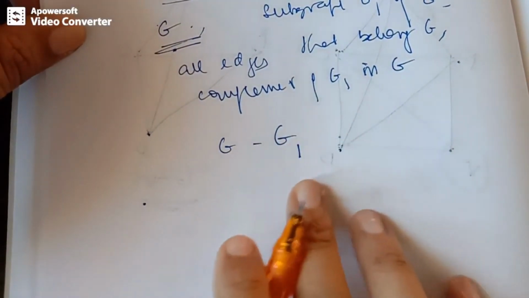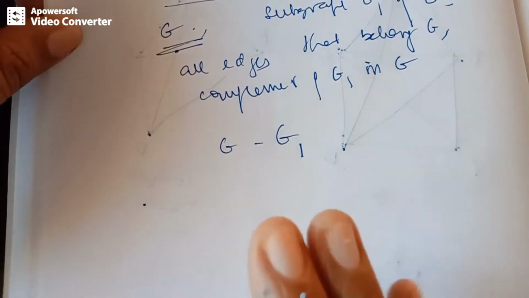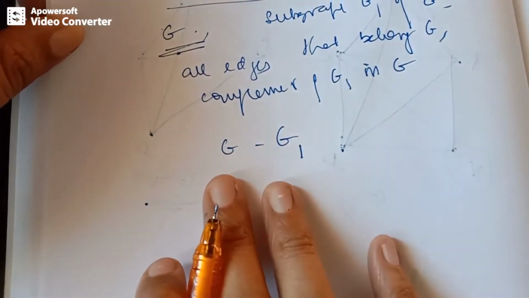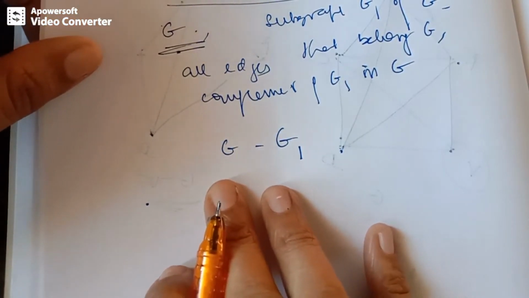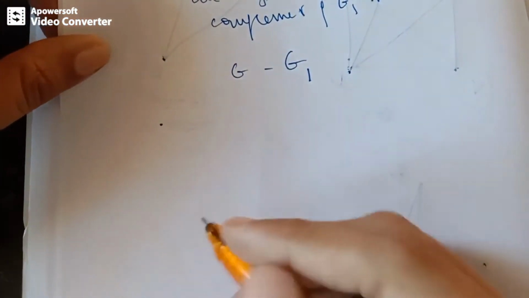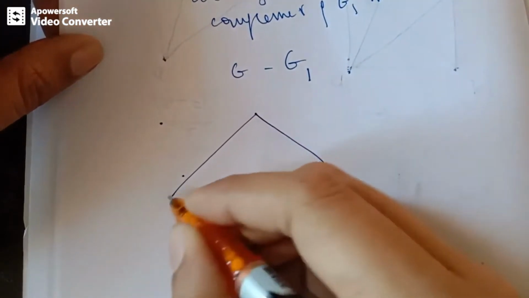So all the edges which are there in G1 you are deleting, and including all other edges which are there in the original graph. So for example, let me give you an example to illustrate the same. Let me take this example. This is the graph.